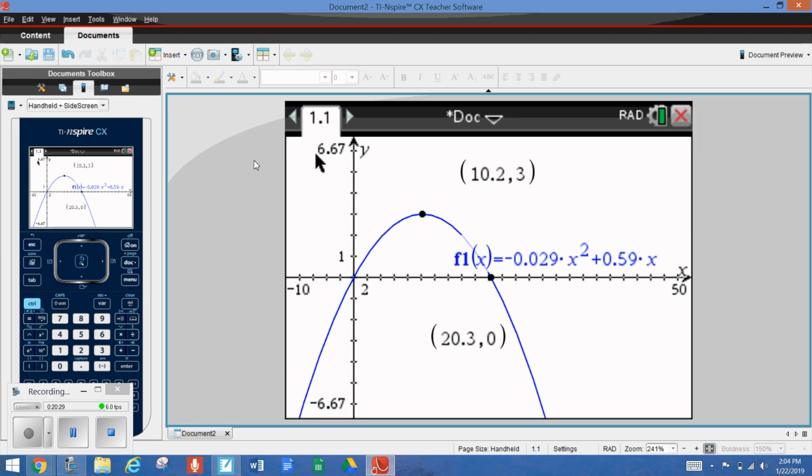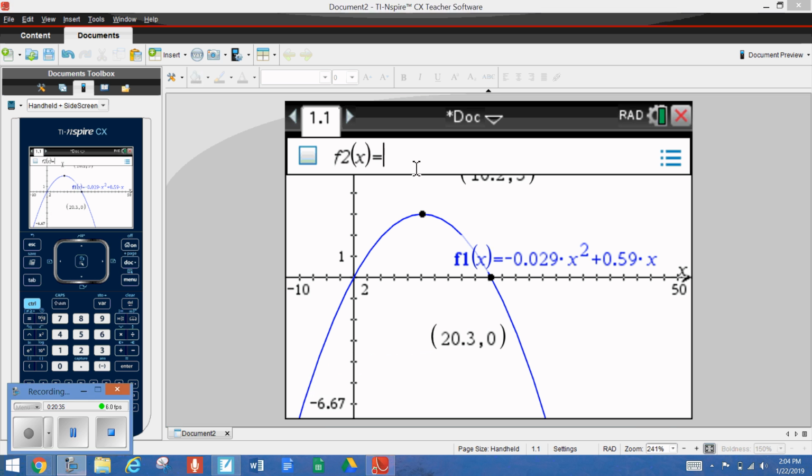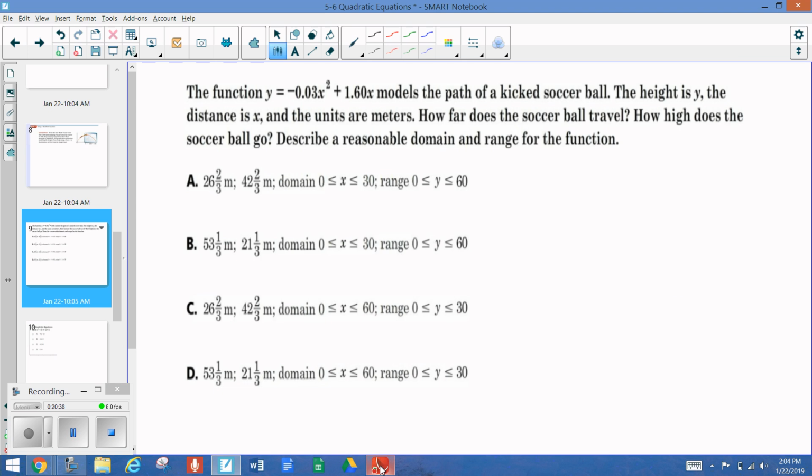Let's get started. Another one, another type of one.